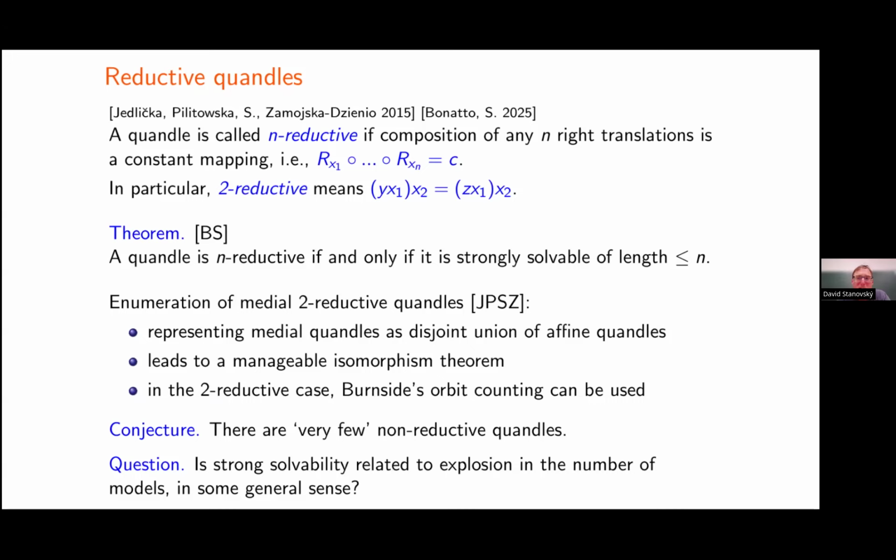In certain realms like quandles, strong solvability is the distinction between many models and few models. For quandles, the conjecture says that most quandles are actually the two-reductive ones. Is there any other class which has this behavior, where strong solvability would be the property that distinguishes few and many?